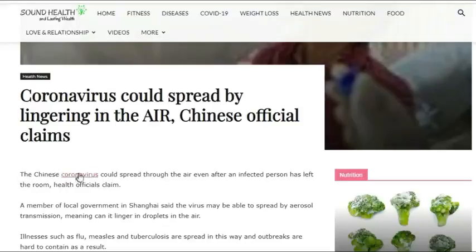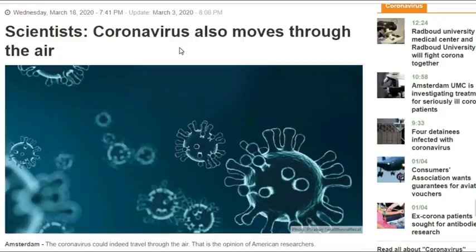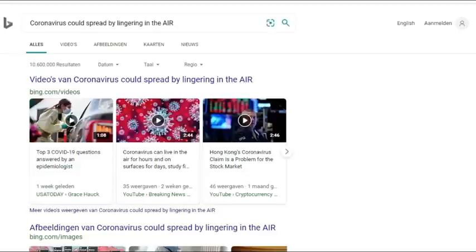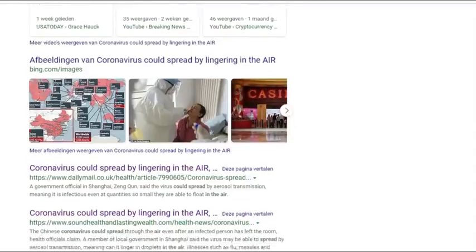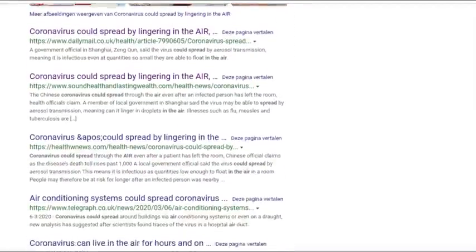The Chinese coronavirus could spread through the air even after an infected person has left the room. Scientists: coronavirus also moves through the air. Yeah, it can spread by lingering in the air.